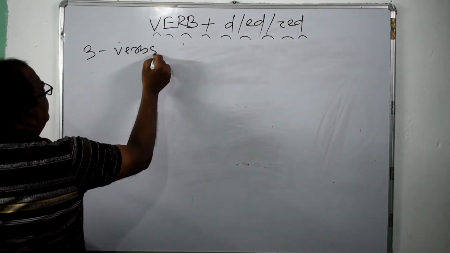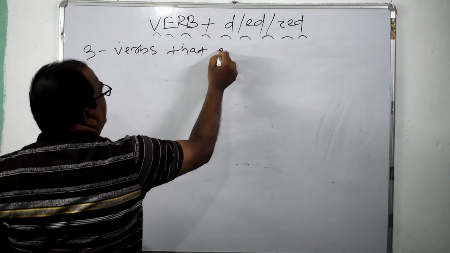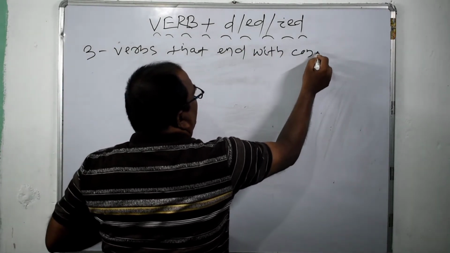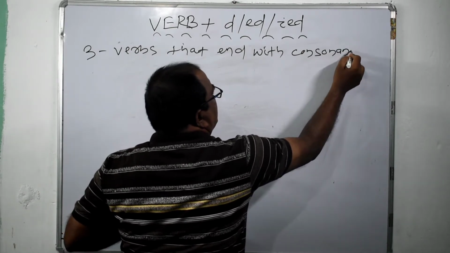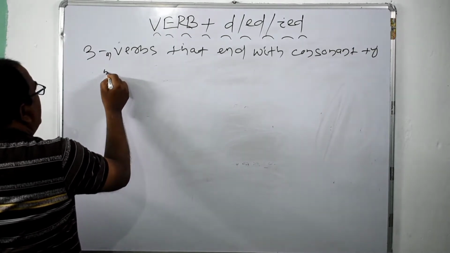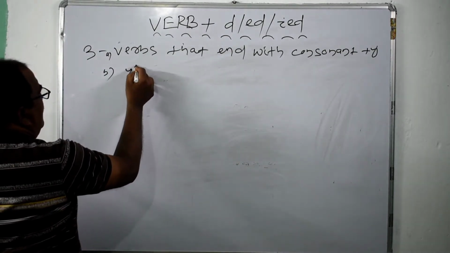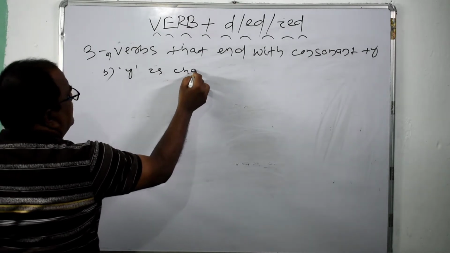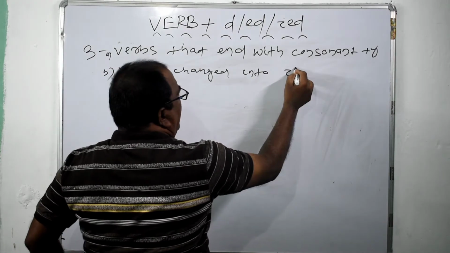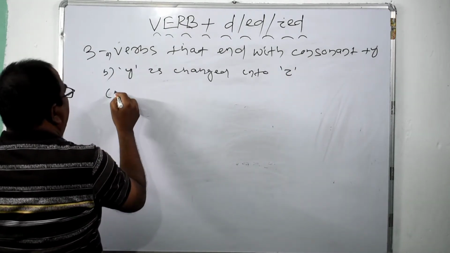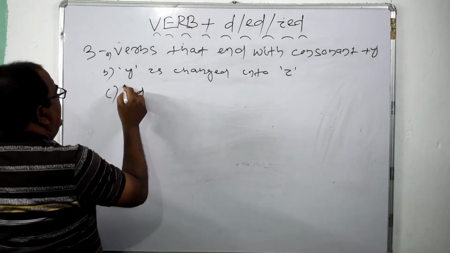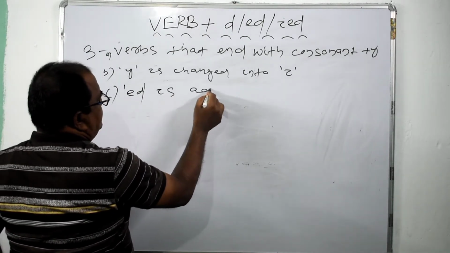Verbs that end with consonant plus y. In this case, y is changed into i. Then in the third step, ed is added.